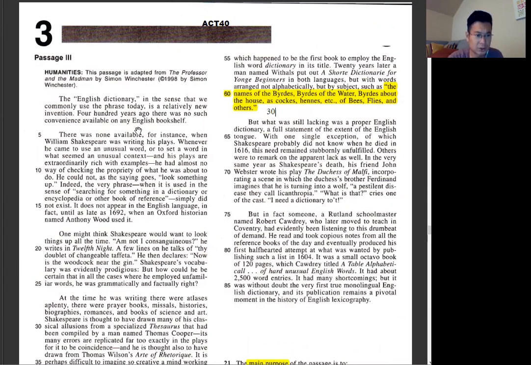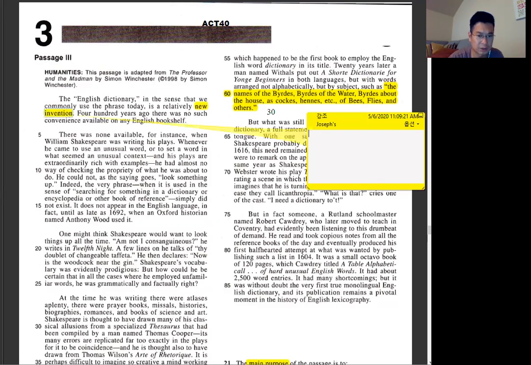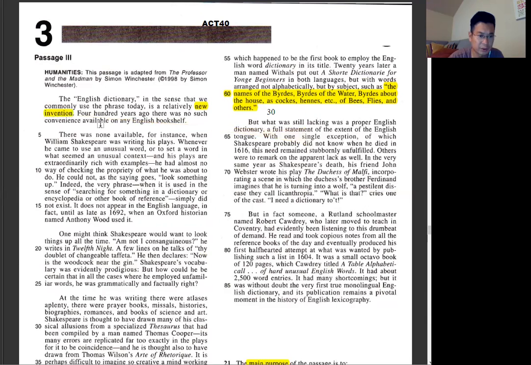I'll read the passage. The title is Professor and Madman. An English dictionary, in the sense that we commonly use the phrase today, is a relatively new invention. 400 years ago, there was no such convenience available on any English bookshelf. There was none available, for instance, when William Shakespeare was writing his plays.